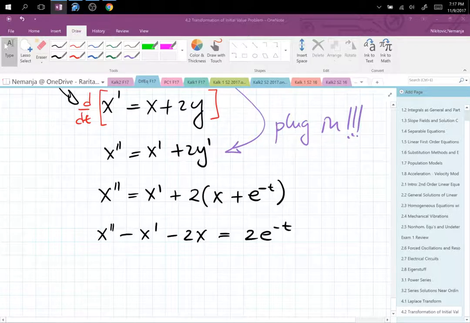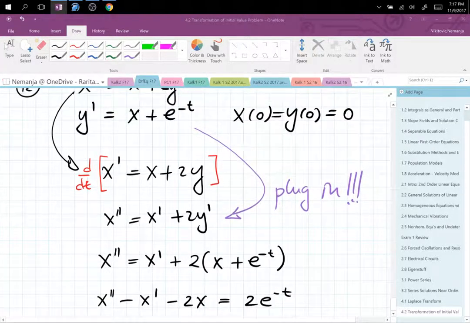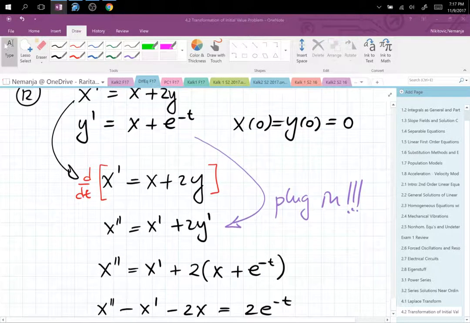What happened? You differentiated first and then you plugged in one equation into the other? Yeah, because you see this is x prime and then 2y. When I differentiate that, I get x double prime equals x prime plus 2y prime.